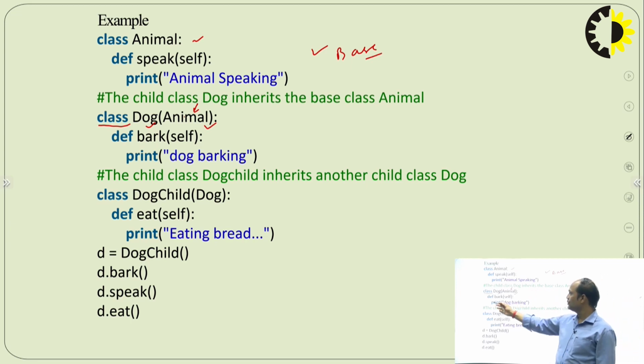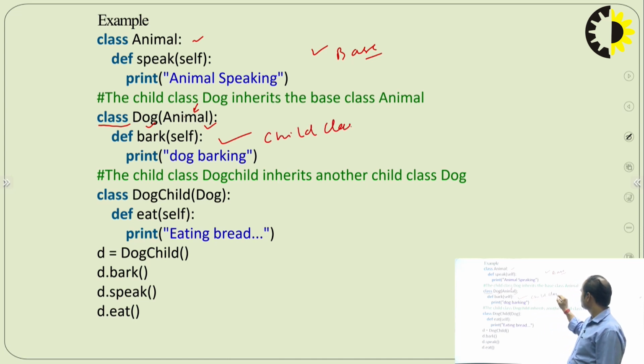And we can also define a function, definition bark(self). This is the function of the child class. Now, suppose we want a new class that is inherited from Animal to Dog, and from Dog to another class.